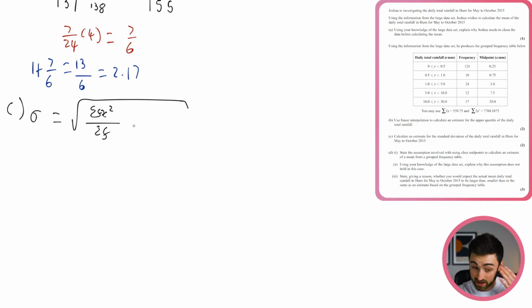And then it's going to be minus the mean squared, and the mean is the sum of f x over the sum of f, or n, and then all of that squared.